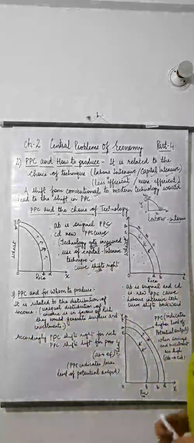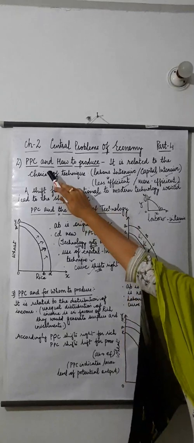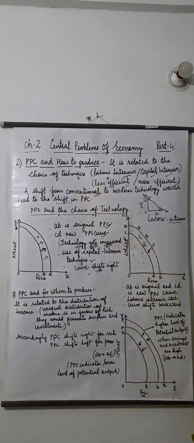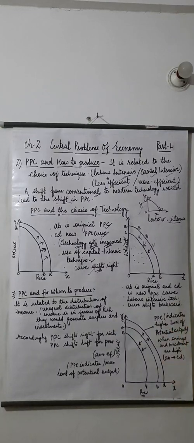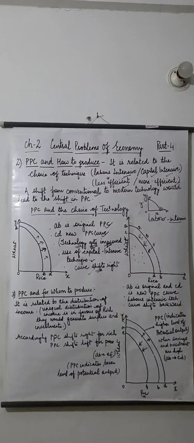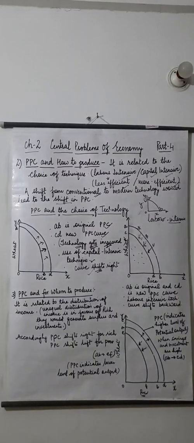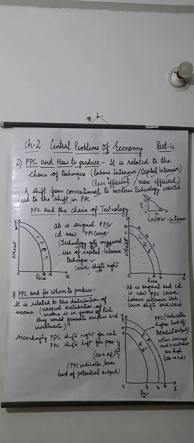Now, students, we'll discuss PPC and how to produce. We have discussed PPC, what to produce. So a quick review of this is necessary because everything is related. PPC means production possibility curve, a curve that shows all the possible combinations of two goods. We take two goods with the problem of choice only.